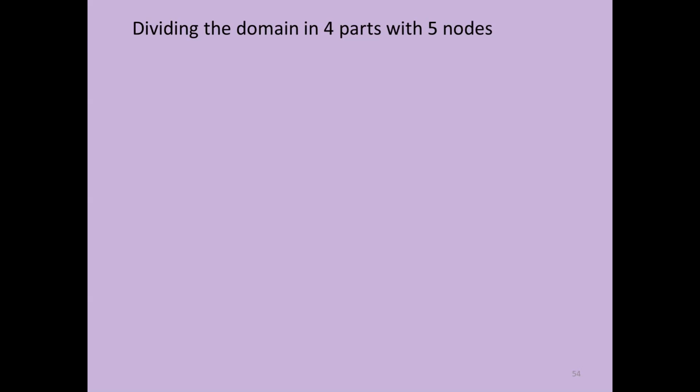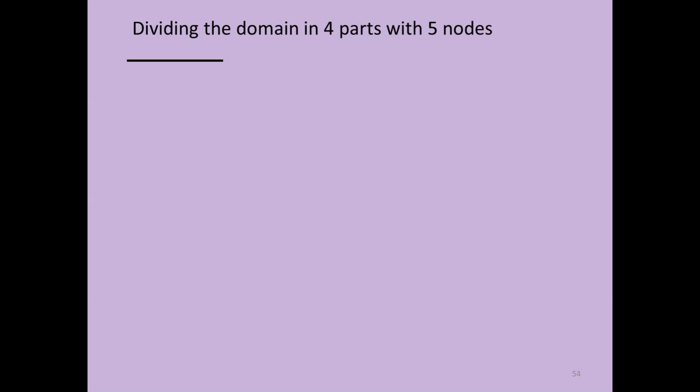And in the present solution, because the solution is going to be obtained by FDM, the equations are going to be obtained manually. So we are dividing the domain into 4 parts. All those parts happen to be of equal size, and they are going to have 5 nodes.